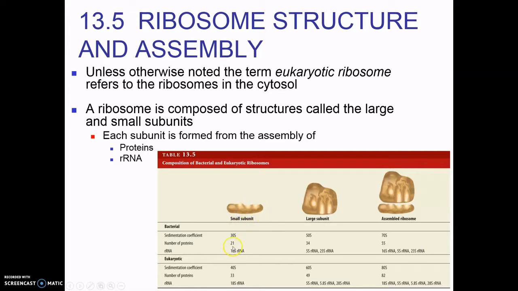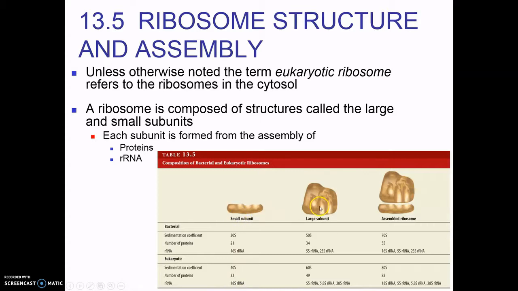Now, the small subunit has 21 different proteins and has a large piece of RNA called the 16S rRNA. Eukaryotic small subunits is a 40S in size, so it's a bit bigger, and it contains 33 proteins, and it has again a single chunk of RNA. It's called the 18S RNA.